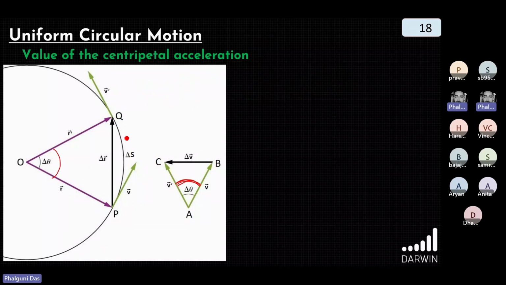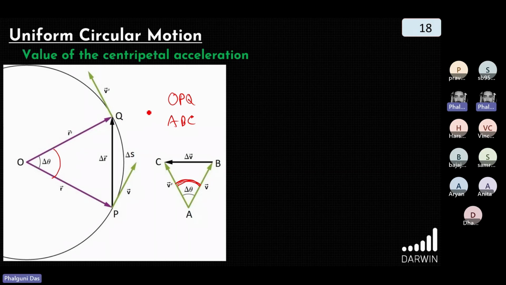So now we can say the triangle OPQ and the triangle ABC are similar. They are both isosceles, and the angle between the equal sides is the same, that is delta theta. Yes or no? Okay.